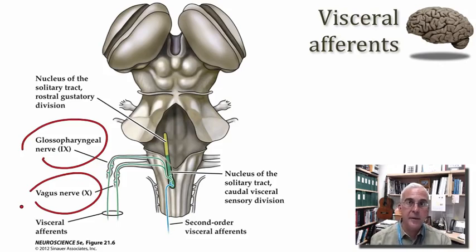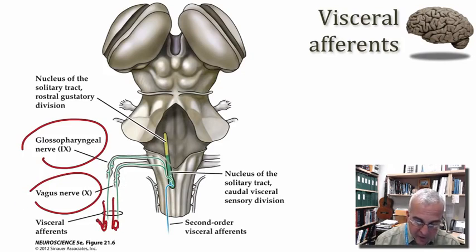So the sensory information comes via the neurons that are associated with the ganglia of these two cranial nerves, and their peripheral process is very much like our somatic sensory elements that we've already discussed: mechanosensory axons, nociceptive axons, free nerve endings.